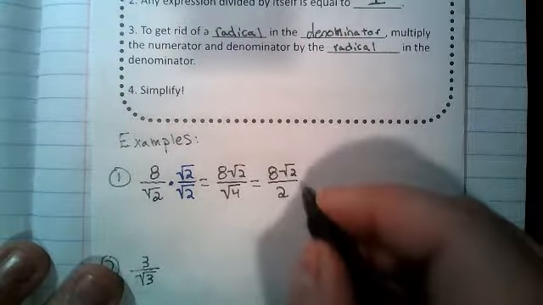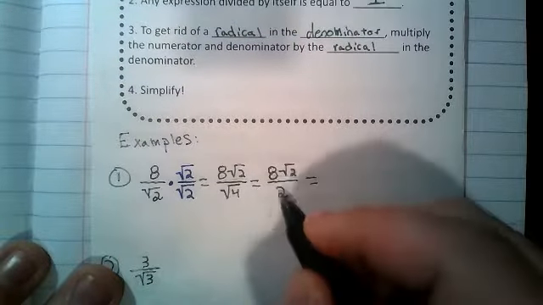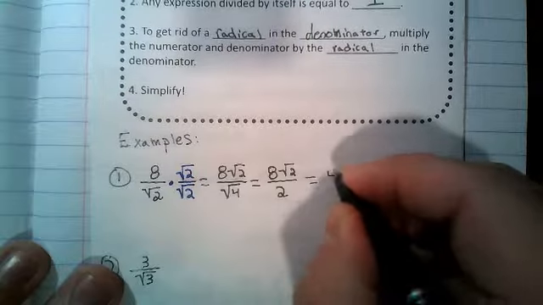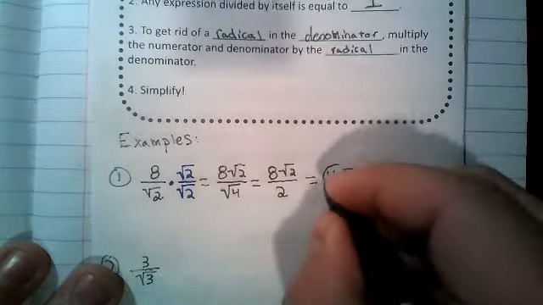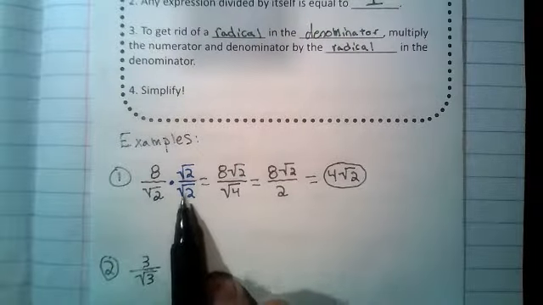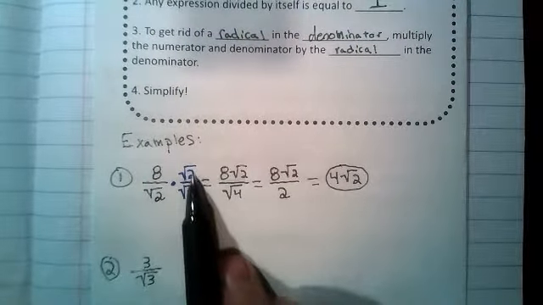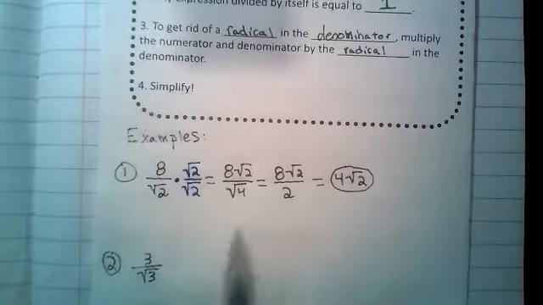Then I can simplify even further, which would be step 4 here, because 8 over 2 is 4. So there's my trick. I'm multiplying it by 1, but the 1 is really the square root of 2 divided by the square root of 2.